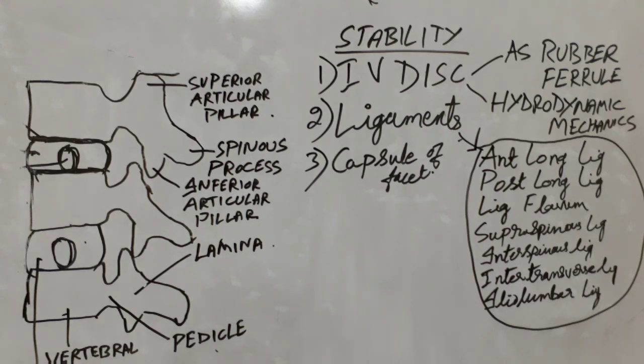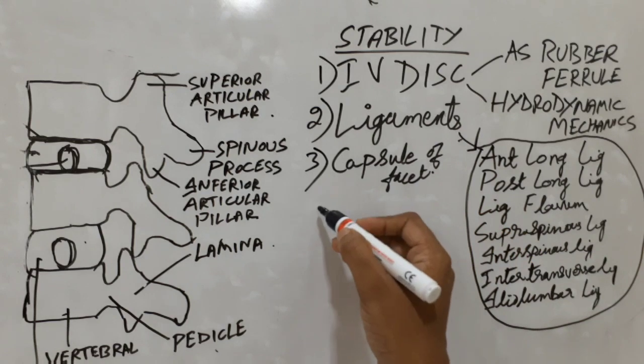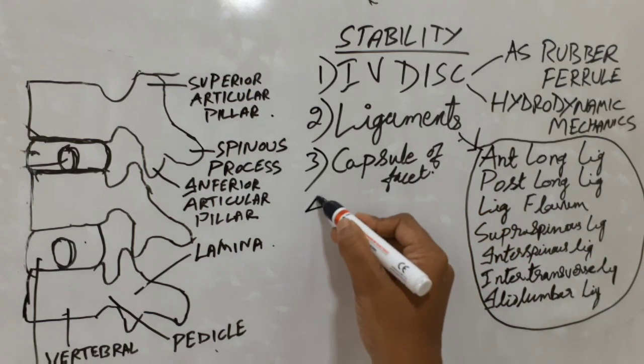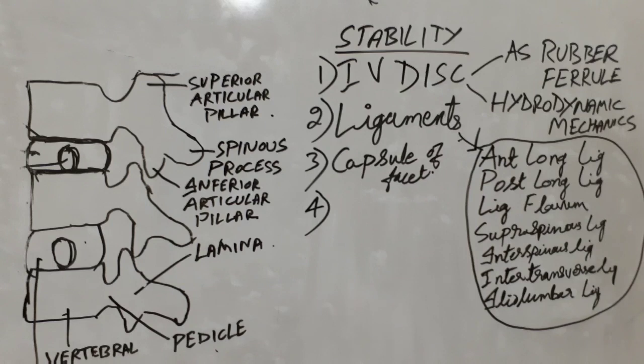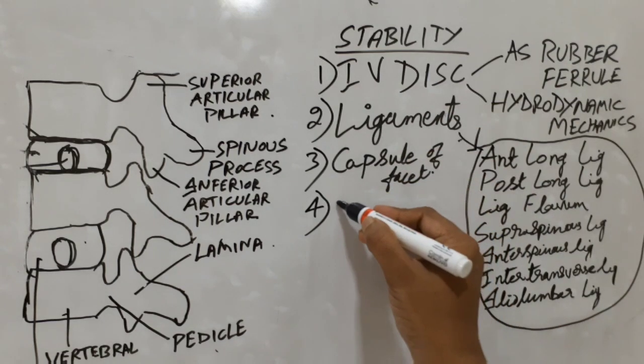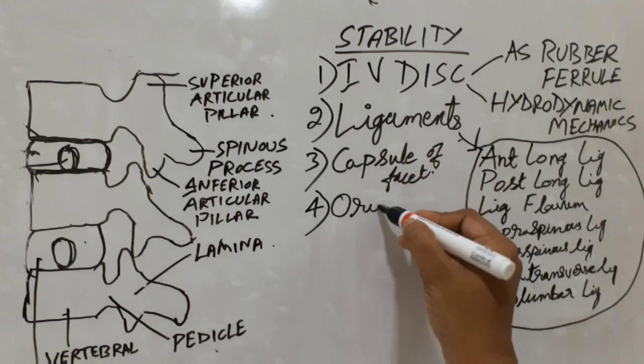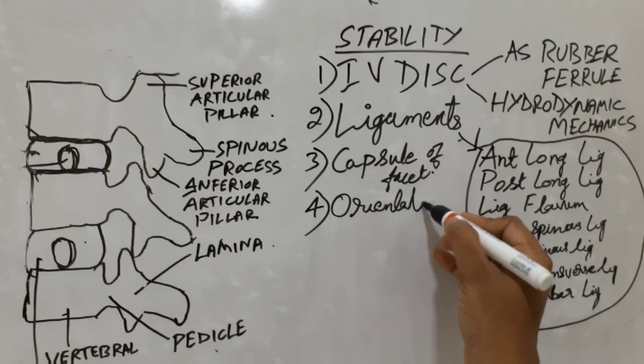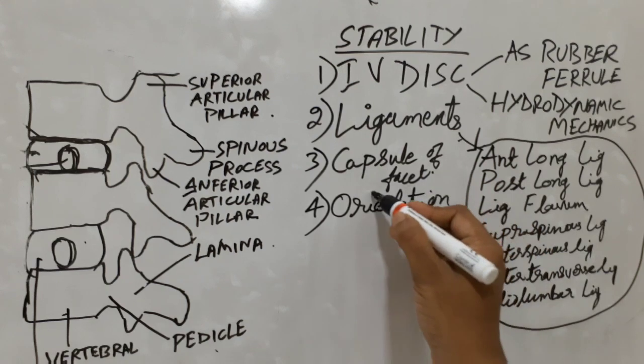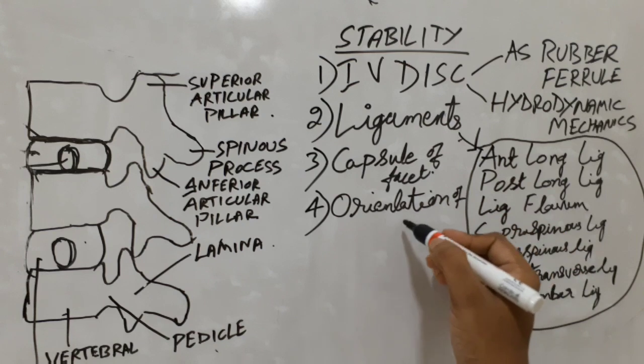So after capsule, the fourth stabilizing factor is orientation. Orientation of the facet joint.